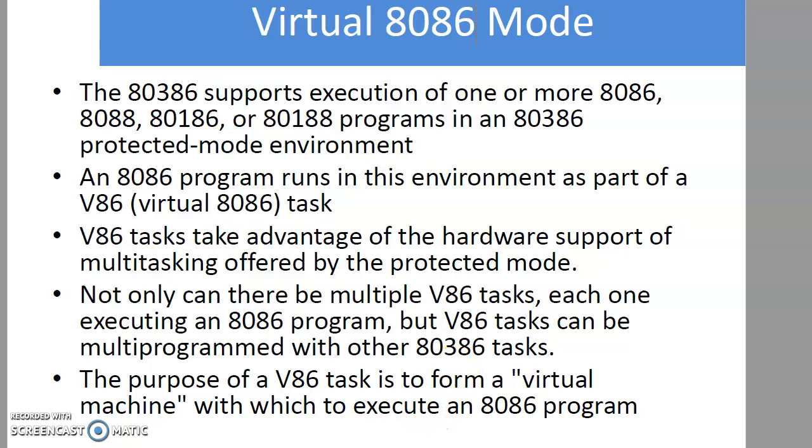The purpose of a virtual 86 task is to form a virtual machine with which to execute an 8086 program. Basically the virtual 86 task uses a virtual machine in the 80386 to execute the 8086 program.